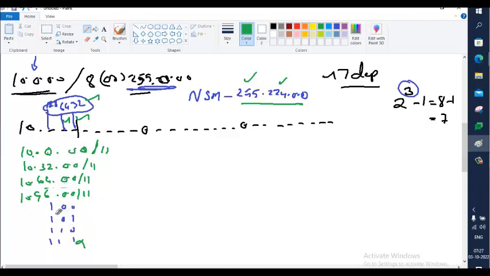And then the first bit is on, the rest are 0. If the first bit is on, what is the value? 128. So the next network will be 10.128. And then 128 plus 32, because this bit and this bit are on. 128 plus 32 is 160.